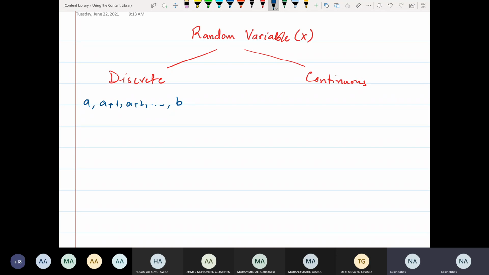And sometimes a was 0, b was a finite number, sometimes b was infinity, and so on. On this domain, we said that the probability mass function.